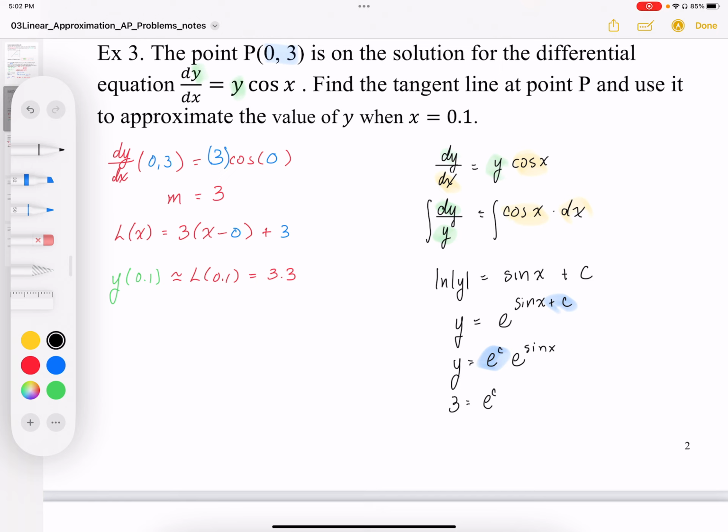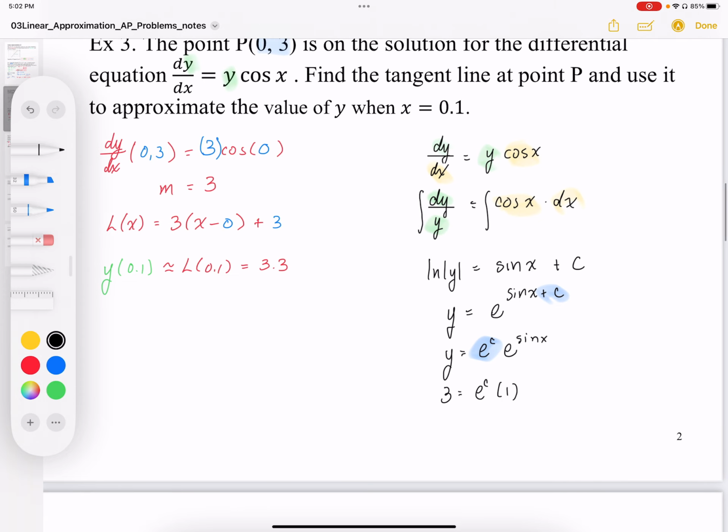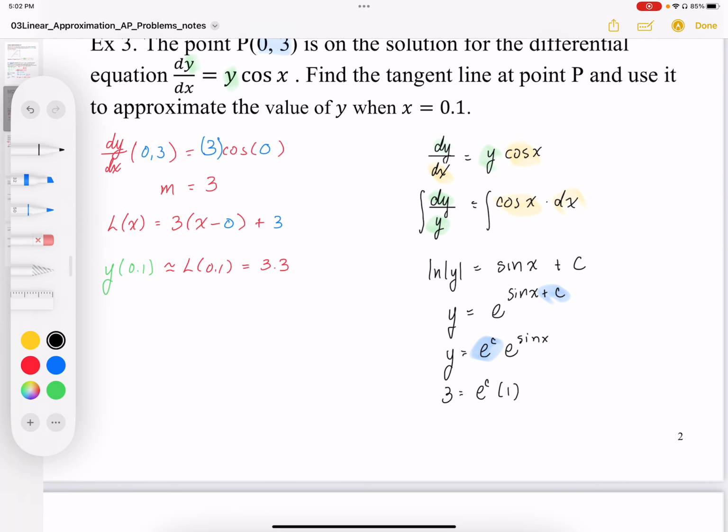So sine of 0 is 0, e to the 0 is 1, so we get 1. So e to the c is equal to 3. So the final solution equation is y equals 3e to the sine x.